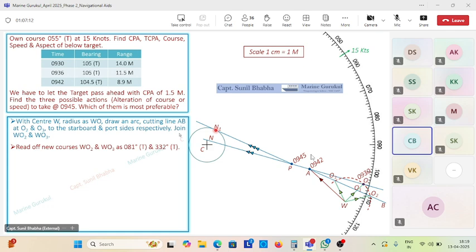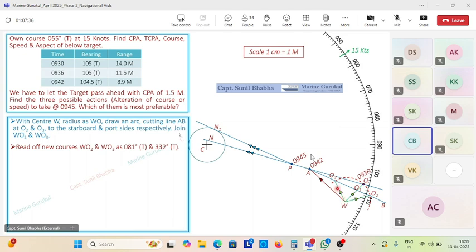Now, if the vessel alters its course to WO3, you can see clearly our ship was initially steering WO. We will have to make a port alteration. So, alteration of course to port will result in our course as WO3. The amount of alteration is angle OWO3.